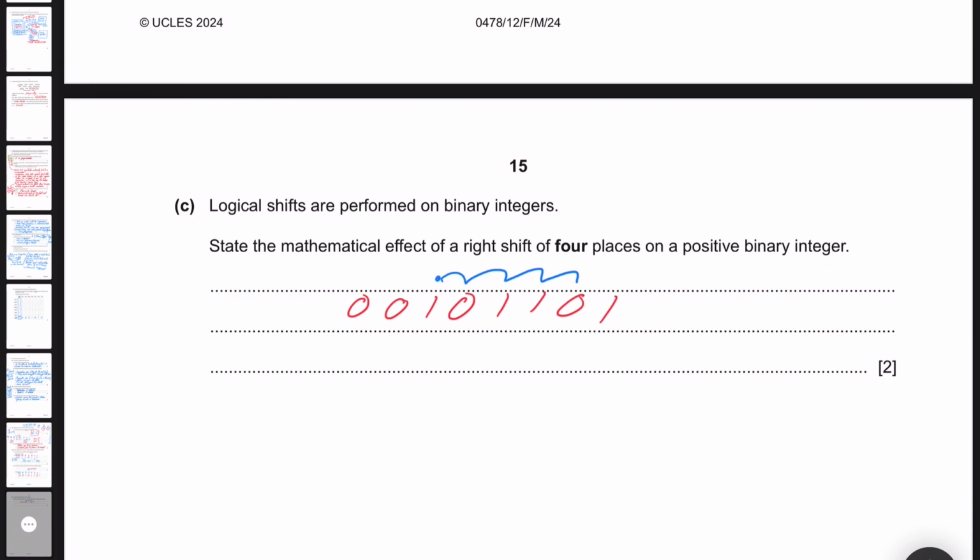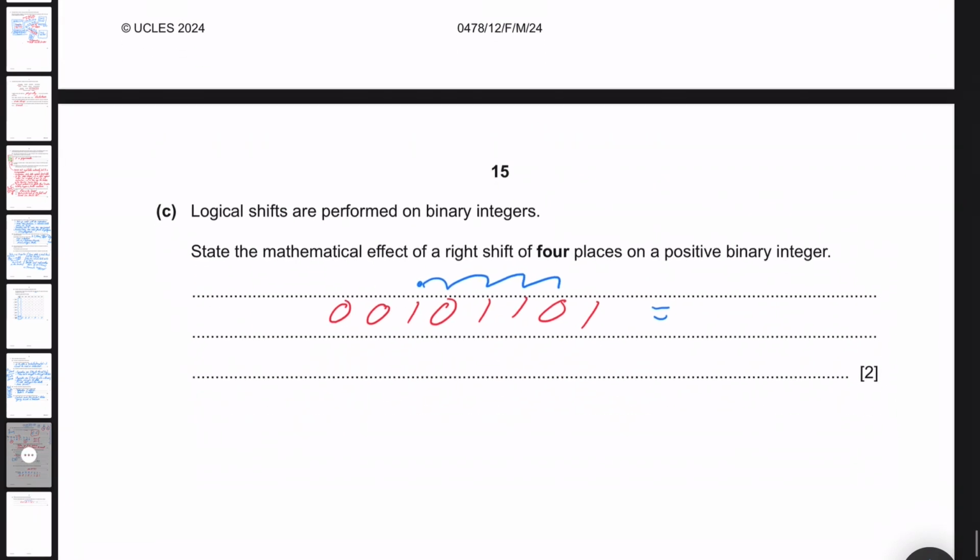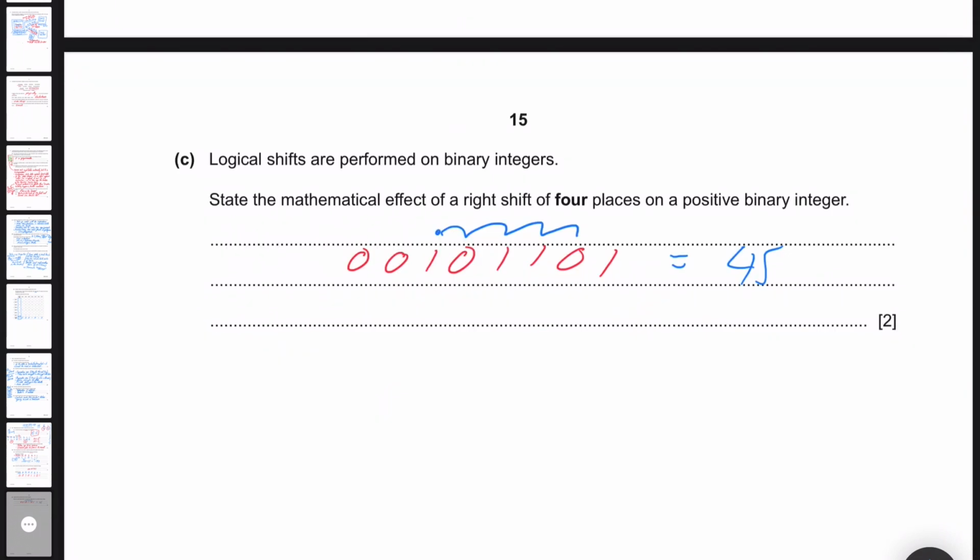Okay, we know that this number here equals 45, but we're moving 4 spaces. So basically, I'm going to add zeros here.